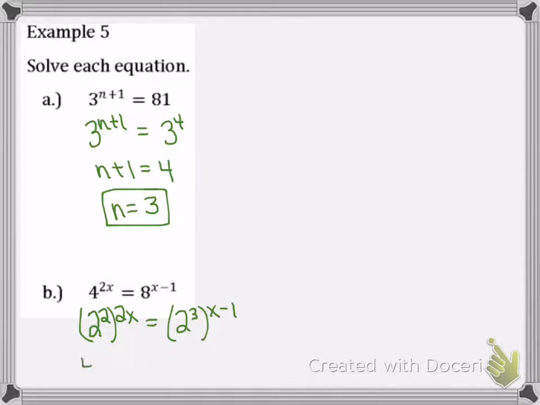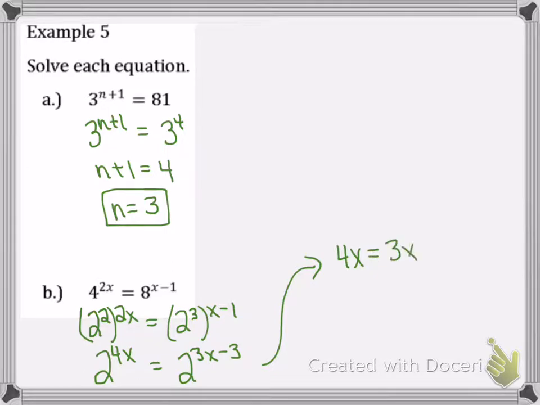Now I get 2 to the 4x equals 2 to the 3x minus 3. At this point, now the bases are the same, and I can simply say that 4x equals 3x minus 3, so x equals negative 3.